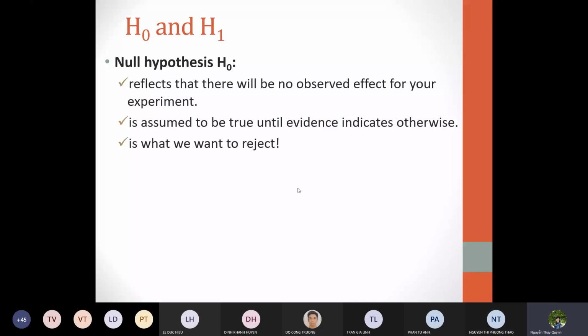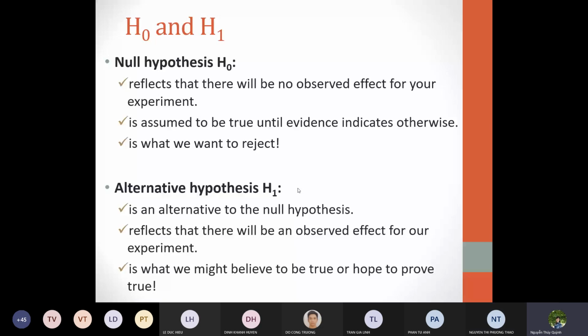hypothesis H0. And the alternative hypothesis H1 is an alternative to the null hypothesis. It is a different statement from the null hypothesis.